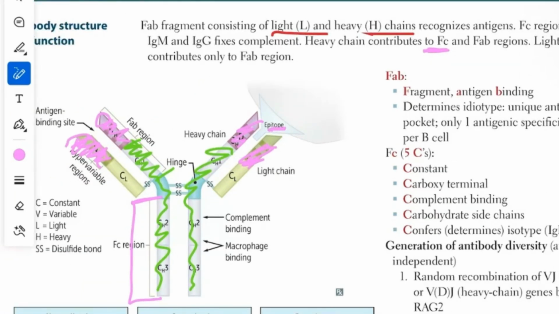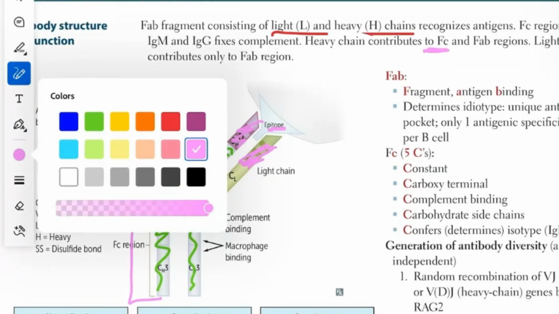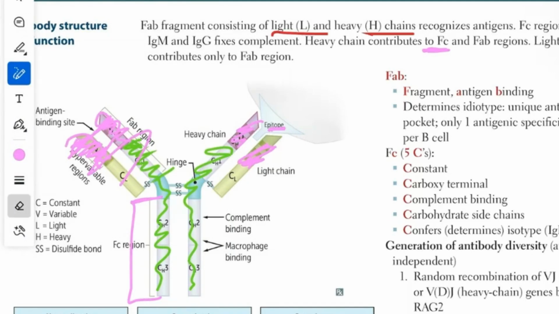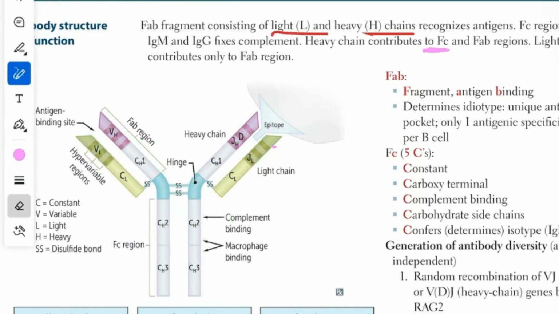Looking at it now, these different parts have different functions. Here you can see there's a hinge region. Some antibodies have a long, flexible hinge, while some have a short, rigid hinge.